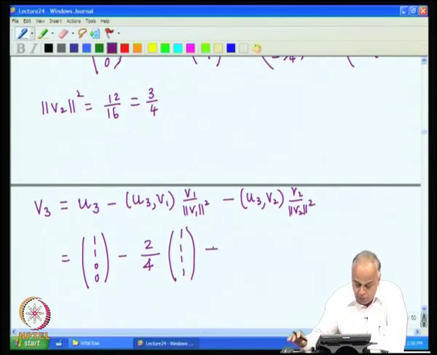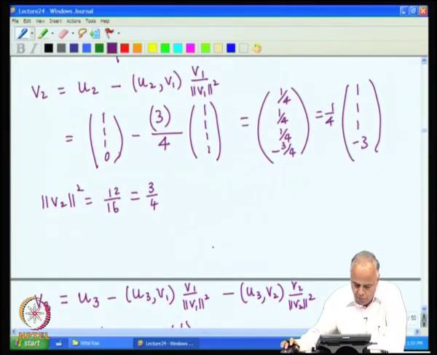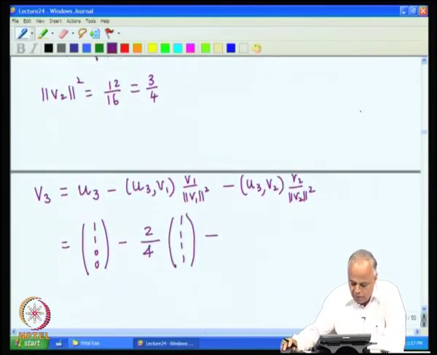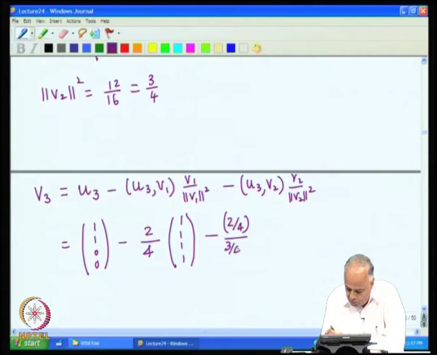minus U 3 V 2, V 2 is this vector and U 3 is 1 1. So, it will be 1 plus 1 2 by 4, because each component is there 1 by 4. So, it will be 2 by 4 divided by norm V 2 squared, which is 3 by 4 we have here, into V 2, which is 1 by 4 into 1 1 1 minus 3.